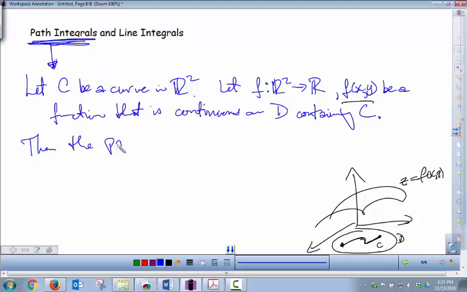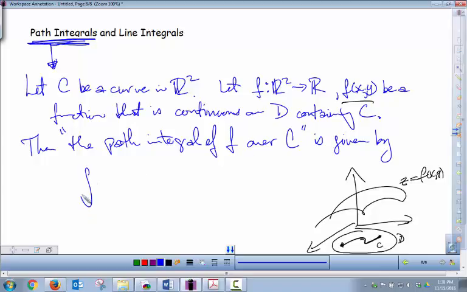Then the path integral of f over C is given by, now we're going to integrate the function over C. Now the tricky part is that this is a one-dimensional integral, and we want to integrate the function over the curve C. Now the curve is not like an interval where it's just a straight line on an axis.